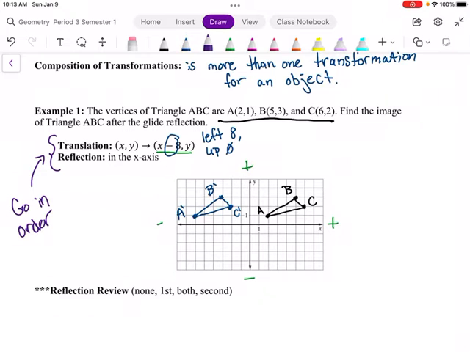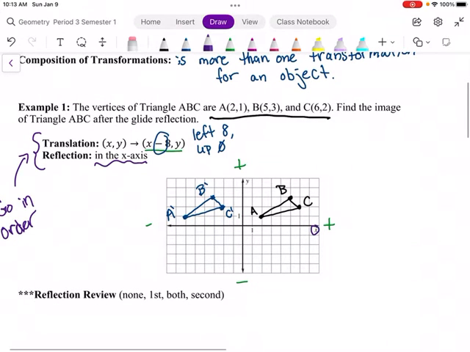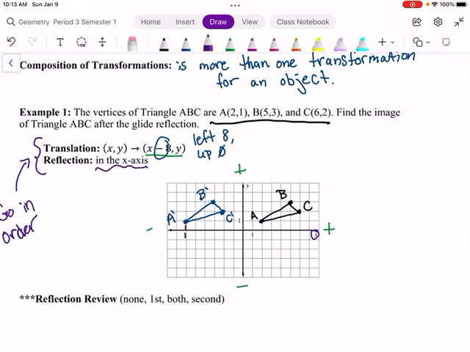So then the part that makes this a composition is that we also have a reflection in the x-axis. So we know the x-axis is this one that's horizontal. So we count how many spaces each point is above the axis, like A prime is 1, and then we would plot the A double prime 1 below the x-axis.